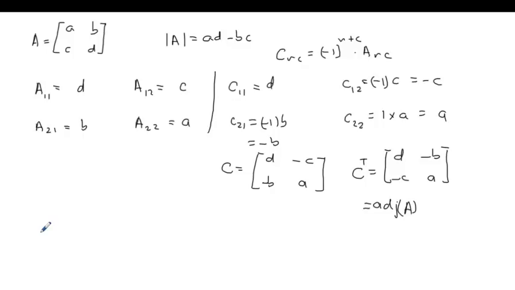The inverse, we said, is going to be 1 over AD minus BC multiplied by D, minus B, minus C, A. That's the thing.